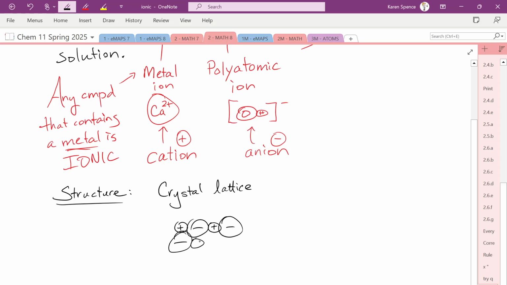Big negative, small positive. Why are the positives smaller than the negatives? Cations are smaller. The anions are bigger.